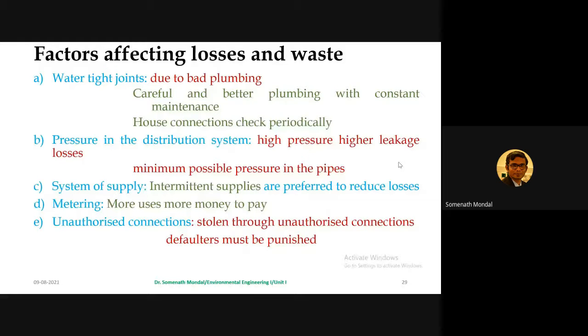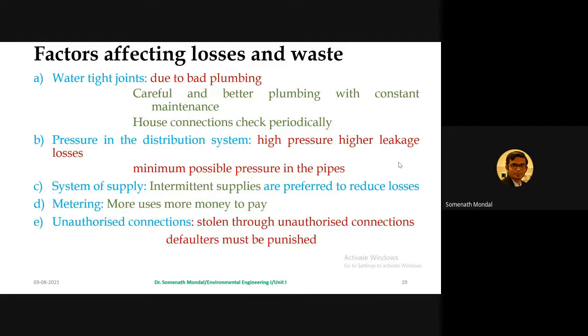So with high pressure, there is a higher amount of leakage and losses, which is very obvious. If the pressure is within the limit versus if the pressure is high, there is a huge amount of difference which may occur.